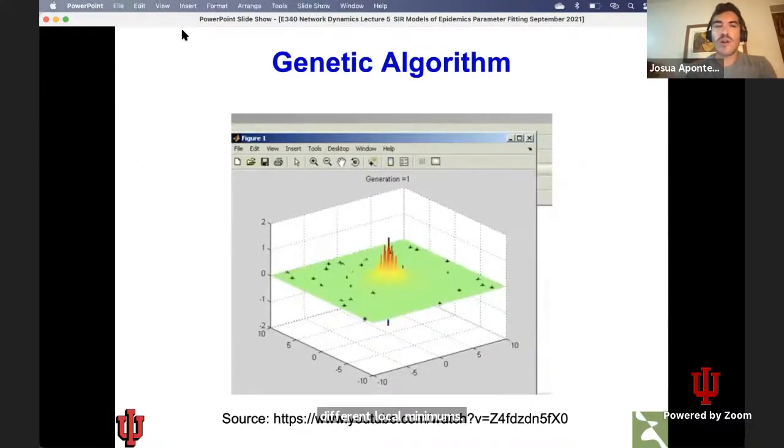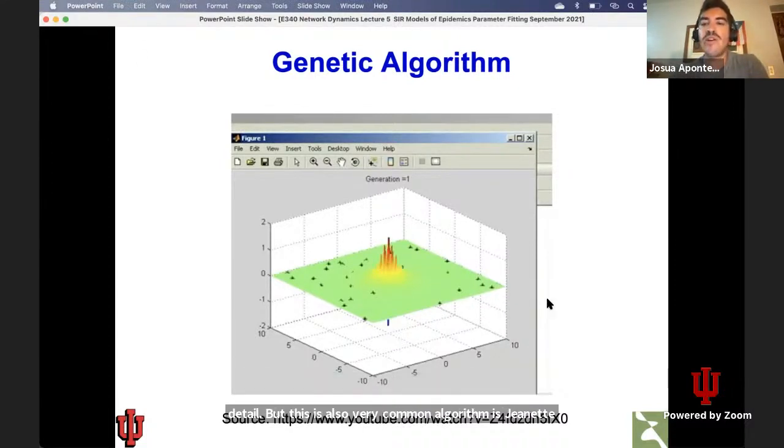The last one, I'm not going to go into a lot of detail, but this is also a very common algorithm, is the genetic algorithm. Here, ideas of biology are used to generate a population, which is a set of points in the parameter space. And each of these has a set of genes, which corresponds to the parameter values.